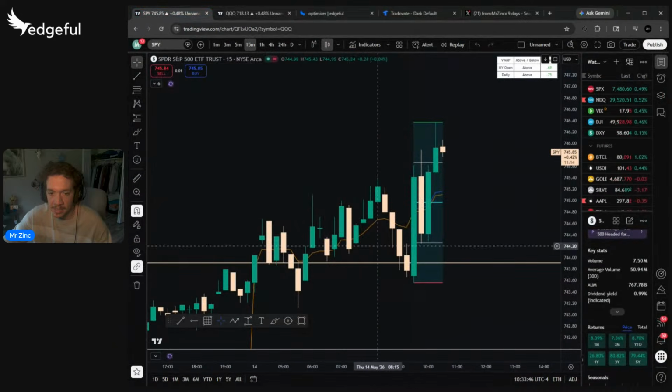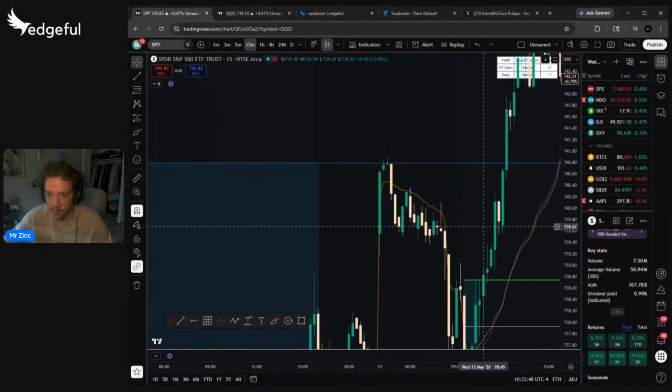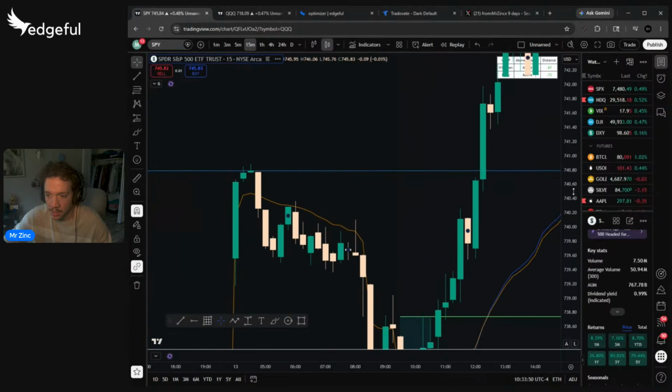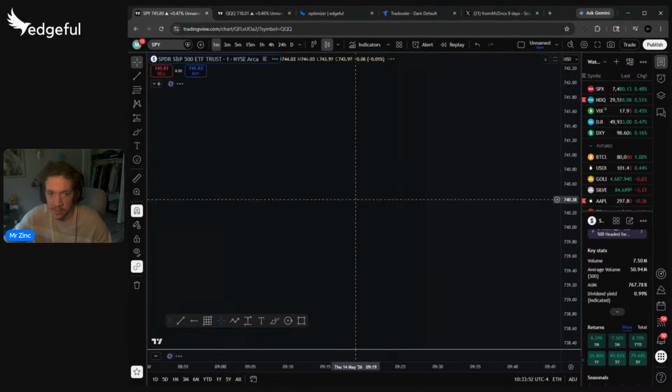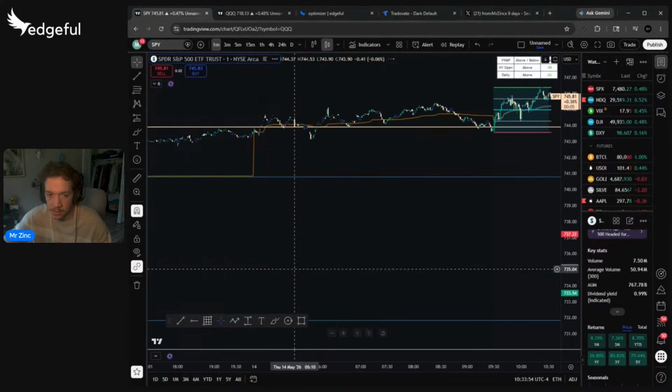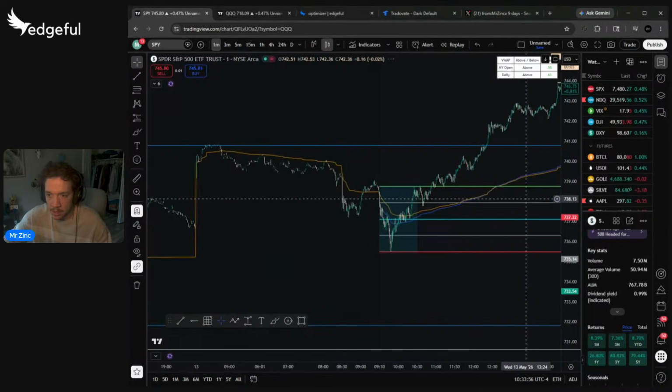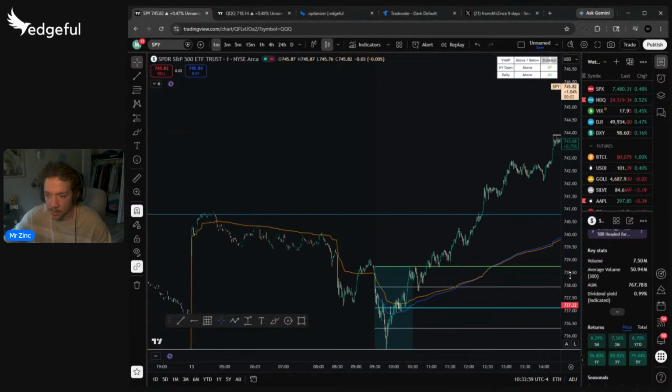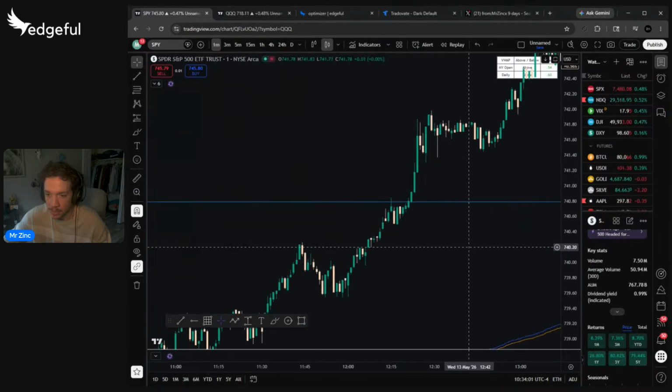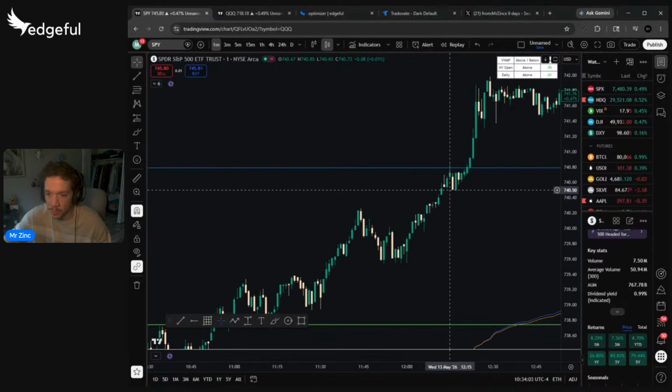If we analyze that on SPY, it did take it at 12:15. If we go down to the 1 minute though, and get the exact level time, the exact time that it broke that previous day's high at 12:15 on the dot. And that was broken by previous session's high was 740.80. And we hit 740.84.